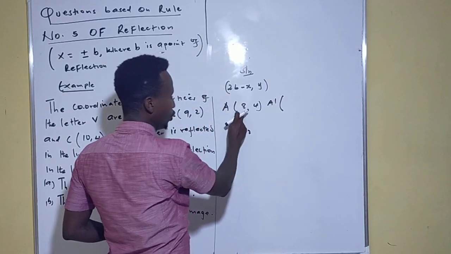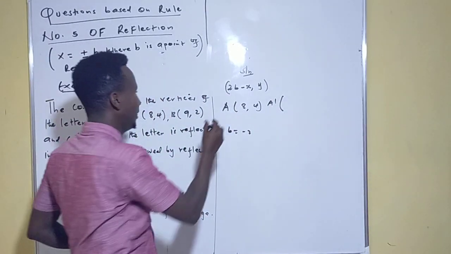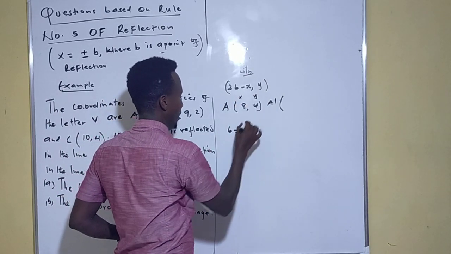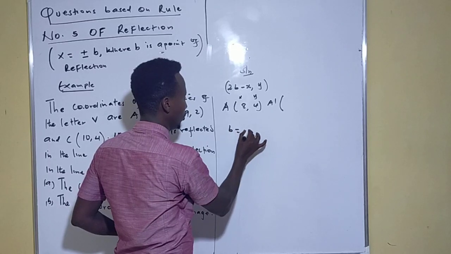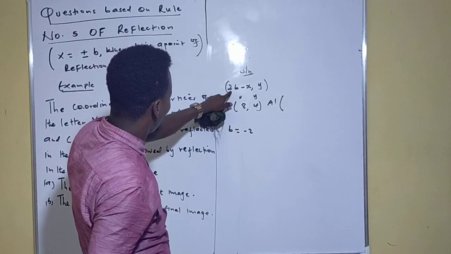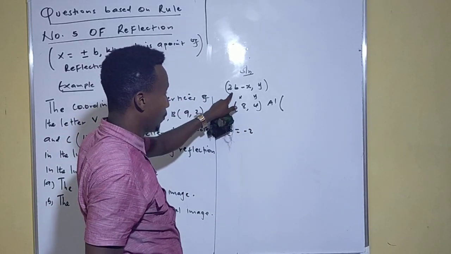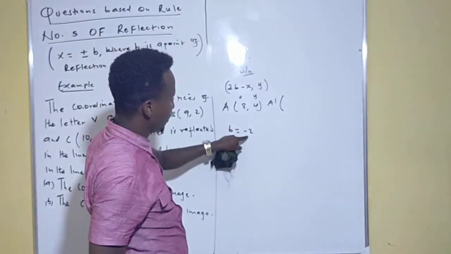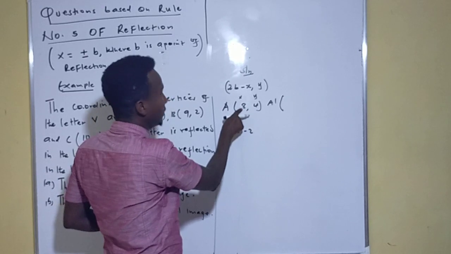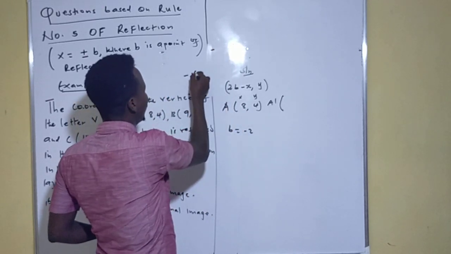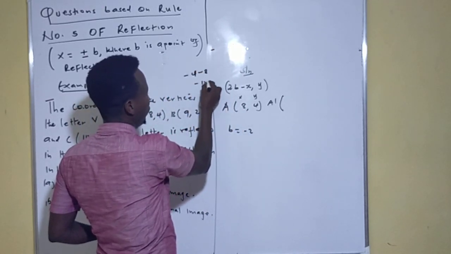What will only change is the x coordinate. Here x, here y, and this is b, negative 2. We know that b is equal to negative 2. So I will say 2 times negative 2, because we have 2b here. 2 times negative 2 is negative 4. Negative 4 minus the x value, minus 8. Negative 4 minus 8 will be negative 12.